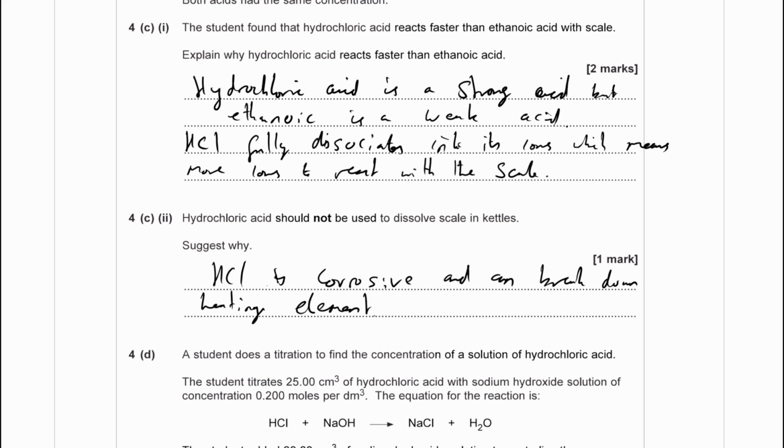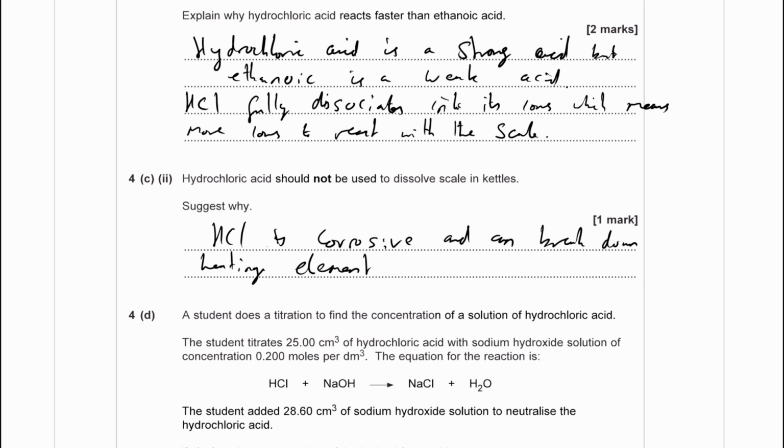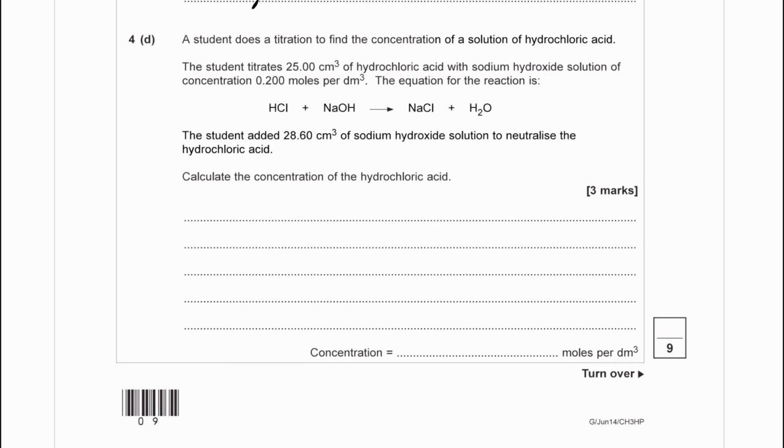There we go. Alright, so for D, a student does a titration to find the concentration of a solution of hydrochloric acid. The student titrates 25 centimeter cubed of HCl with sodium hydroxide solution of concentration 0.2 moles per decimeter cubed. The equation for the reaction is this, and we have the equation here.